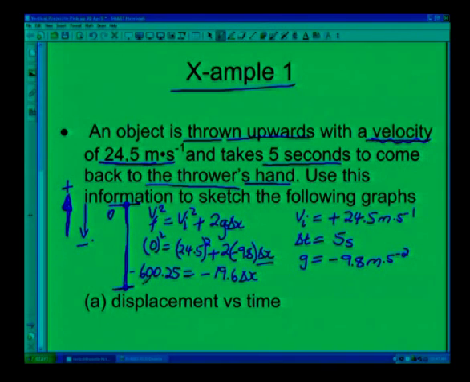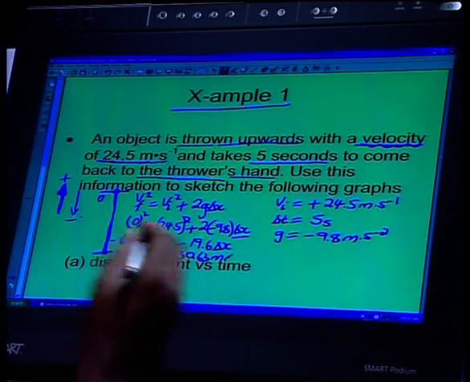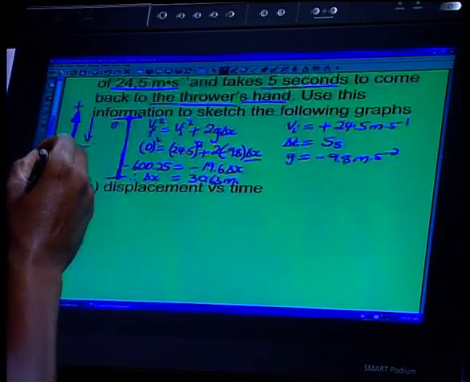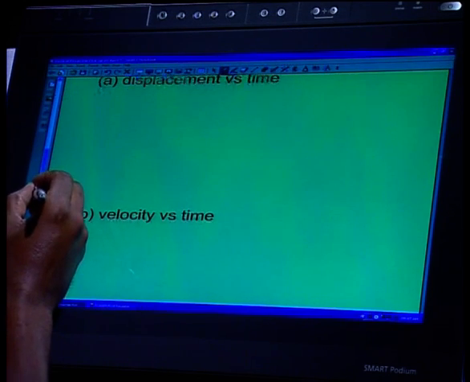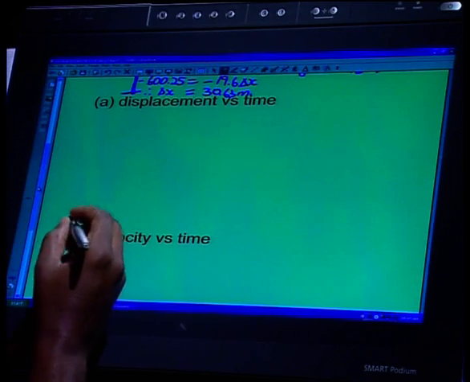If you work out delta x, it then becomes 30.63 meters, because that's displacement. So we know how far it has gone upwards before it turned down, so we can now sketch a graph of displacement versus time.